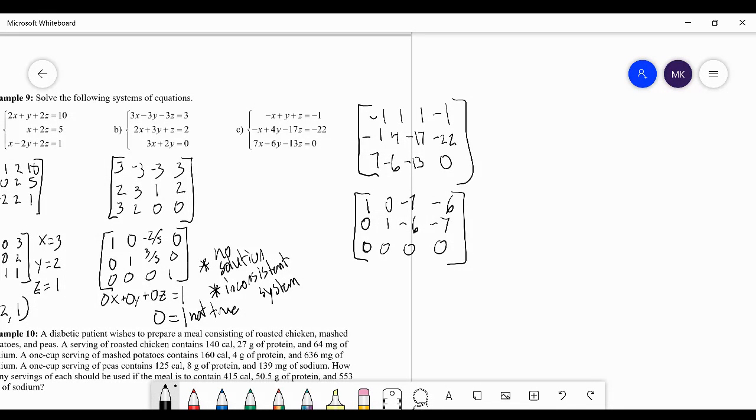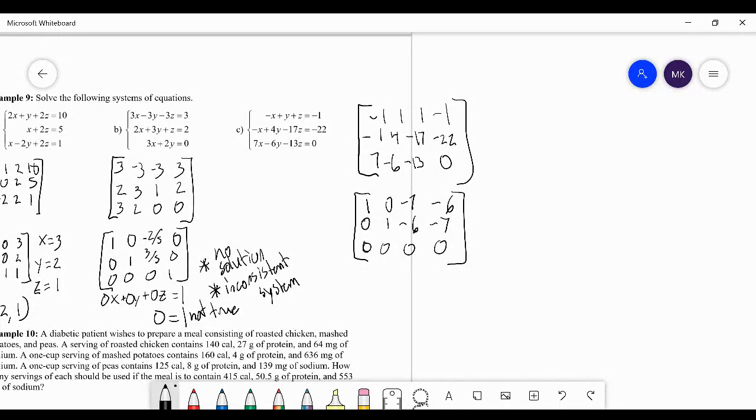Again, thinking back to what we did on that last one, we don't have reduced echelon form. So our solution here is not negative 6, negative 7, 0. The reason is that this matrix cannot be put into reduced echelon form. So what we do here is we use the same idea.